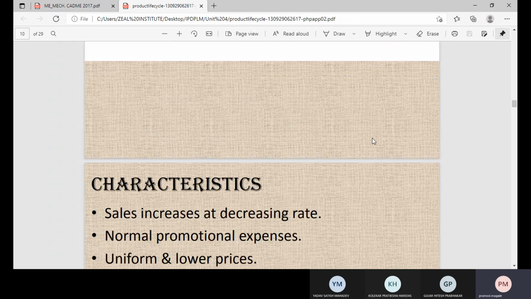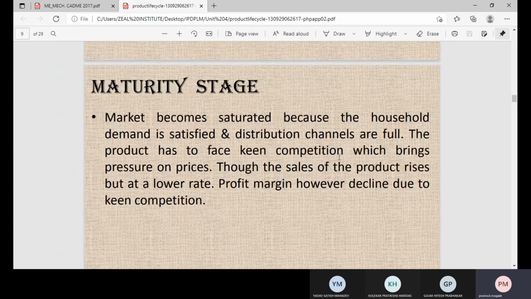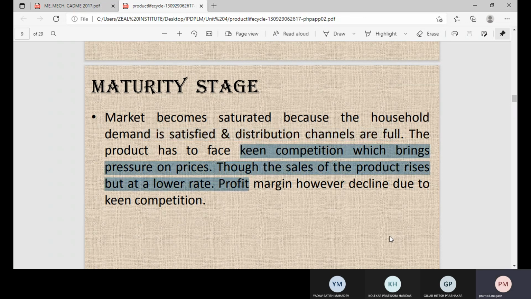Okay, so just write down the characteristics. Before that, just write down 2 points. First one is demand is satisfied, then distribution or marketing strategy also does not work in that case. And after that, the profit margin gets reduced at the end of the maturity stage.